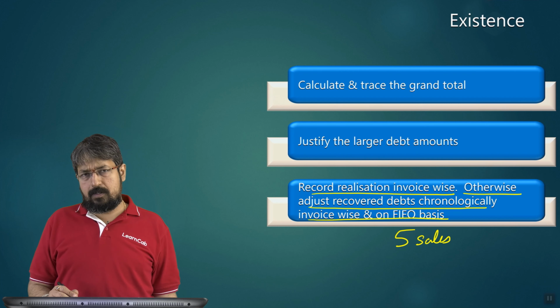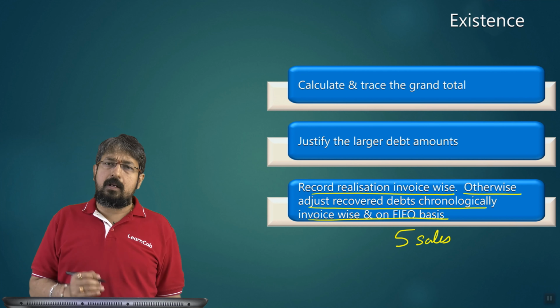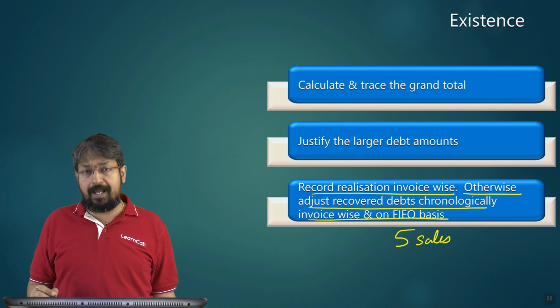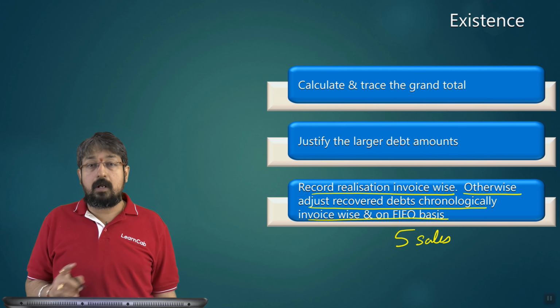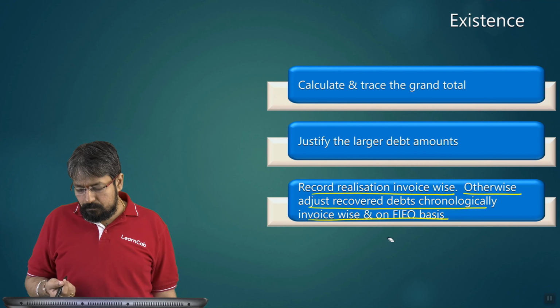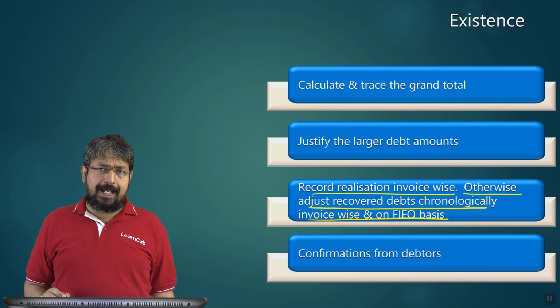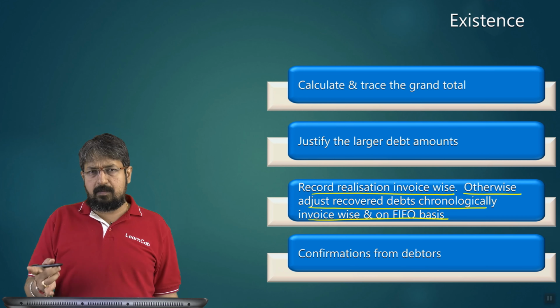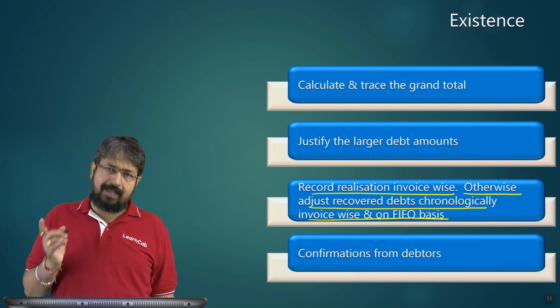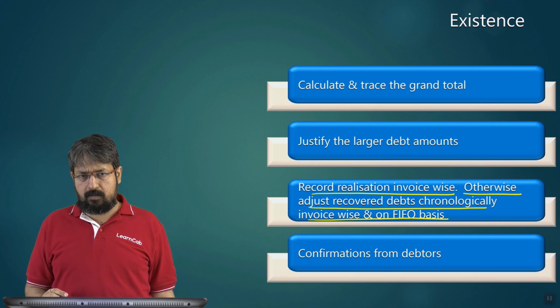The invoice which was issued much earlier must be adjusted first. FIFO, first in first out, and not LIFO. And if the customer says, there are 5 bills outstanding, you adjust with bill number 5, then follow the directions of the customer.